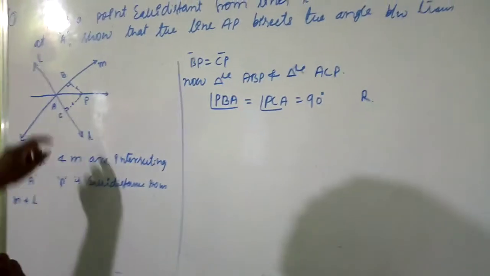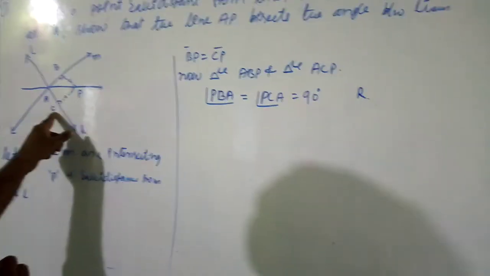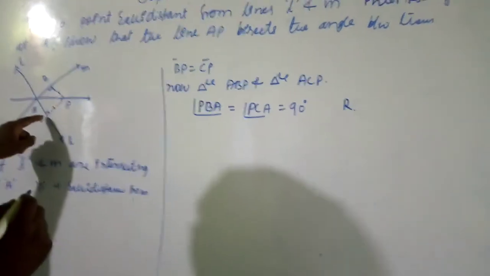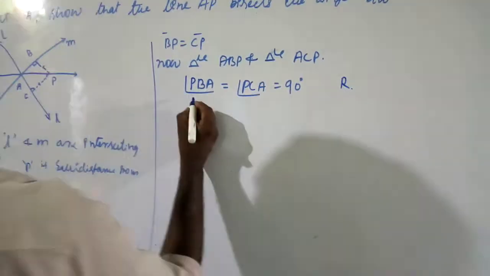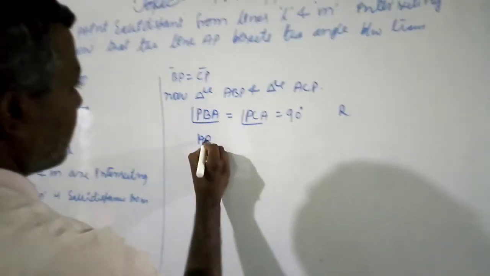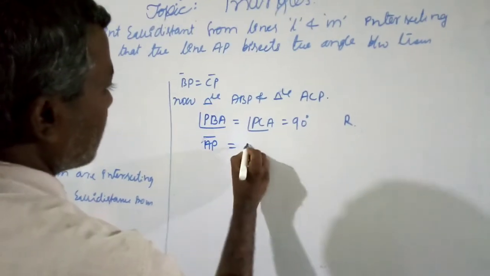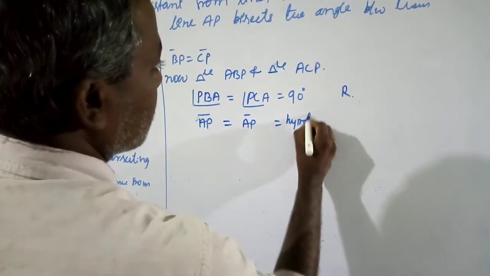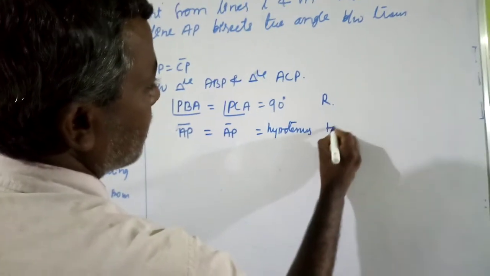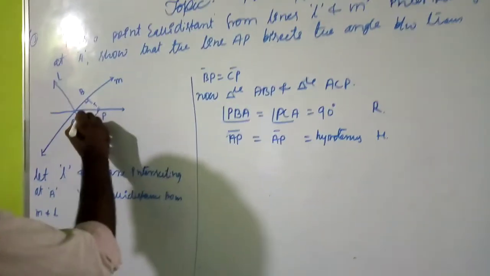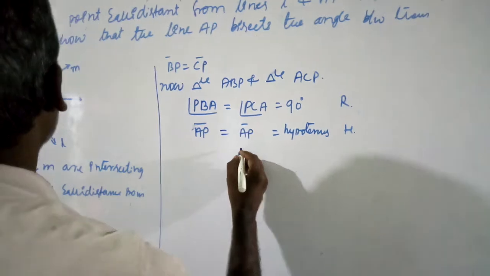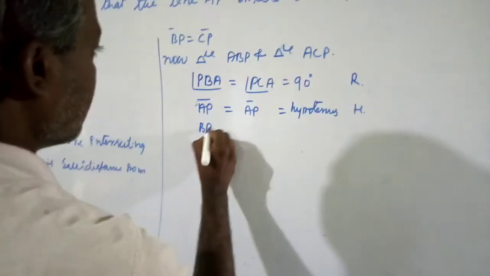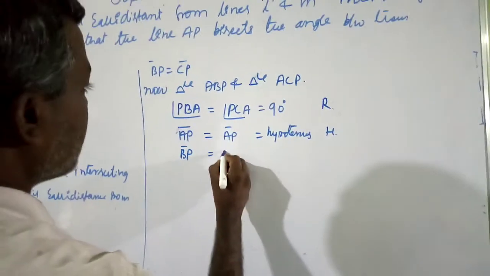Now what is the side opposite to the 90 degrees? It is AP. Because it is opposite to the 90 degree angle, it is called the hypotenuse. So side AP is equal to side AP. This is your hypotenuse, that is your H. Next, take this side and this side, BP is equal to PC.